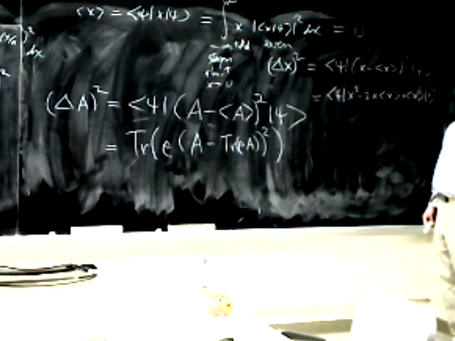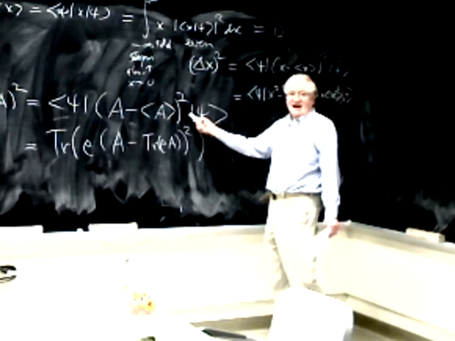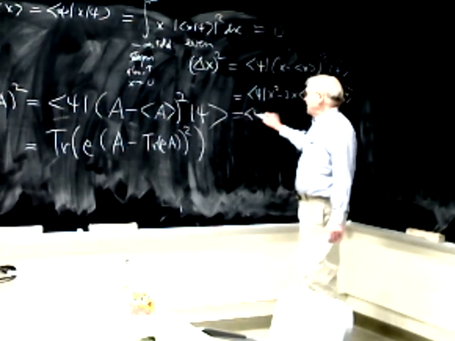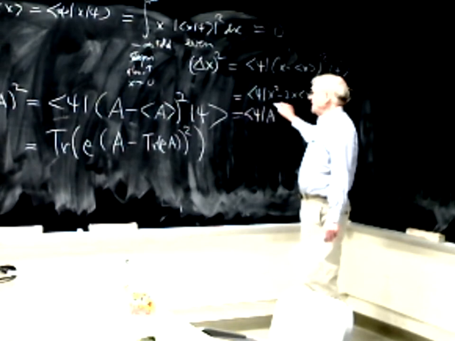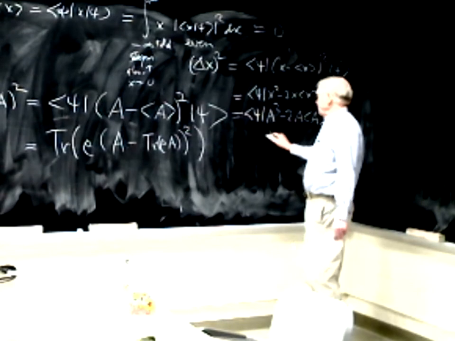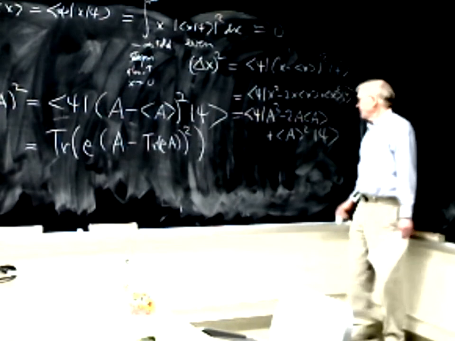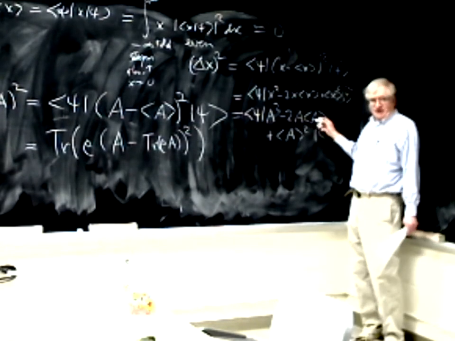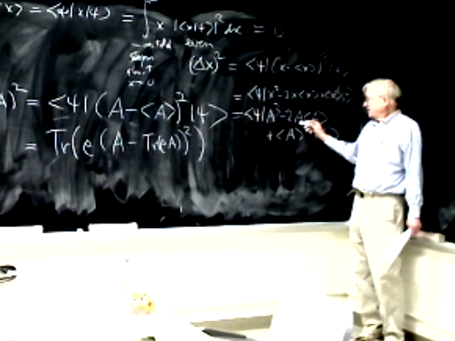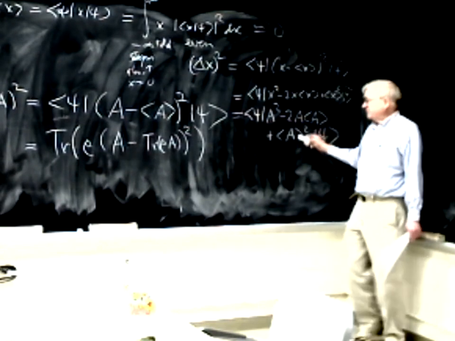Well, let me say, in fact, I should have done this more generally. Let's expand this thing. What we get is psi, A squared minus 2A times the mean value of A plus the mean value of A squared, psi. The mean value of A is a number, so this is effectively minus twice the mean value of A squared plus the mean value of A squared.